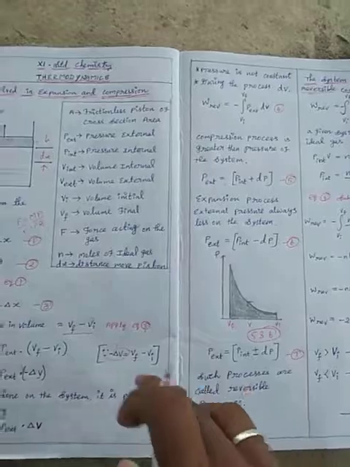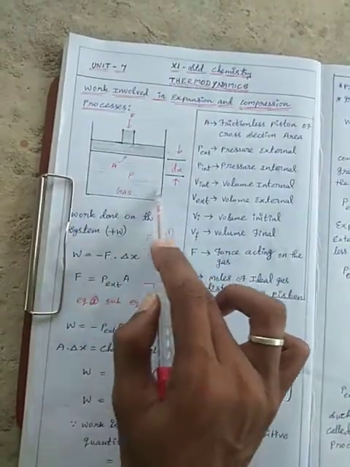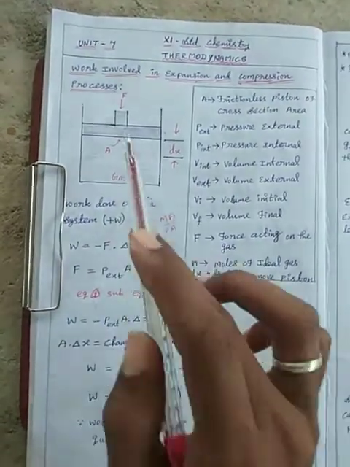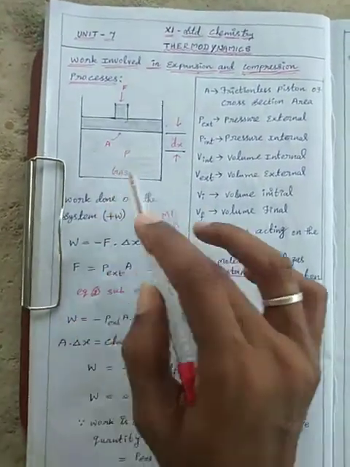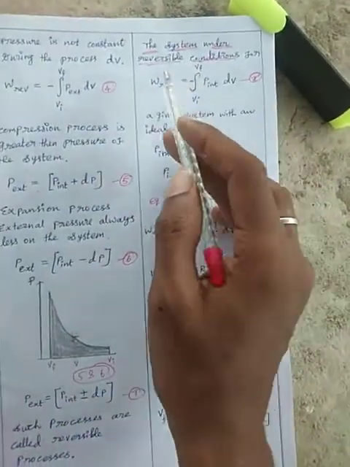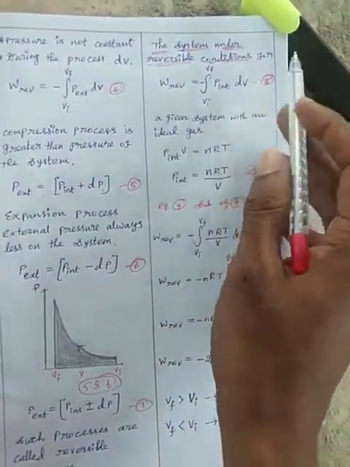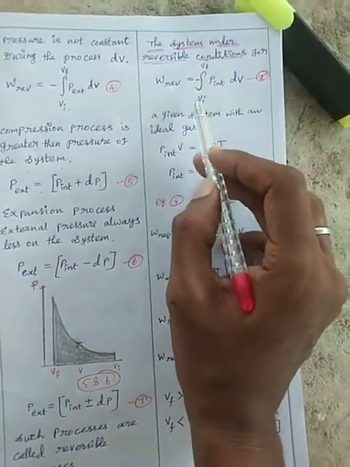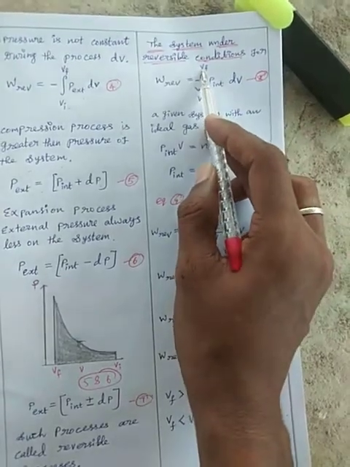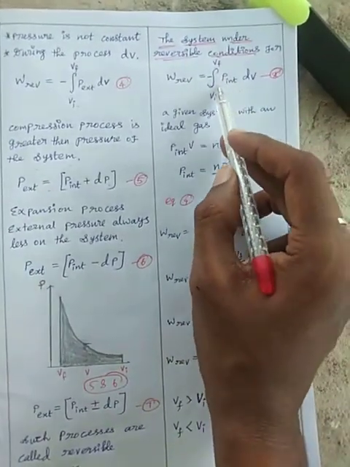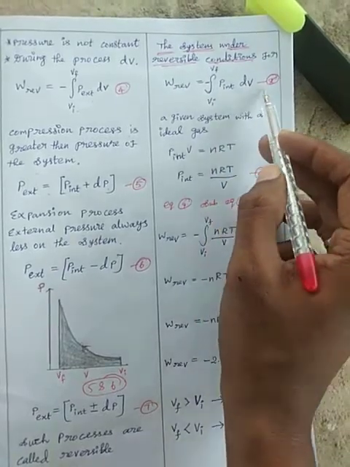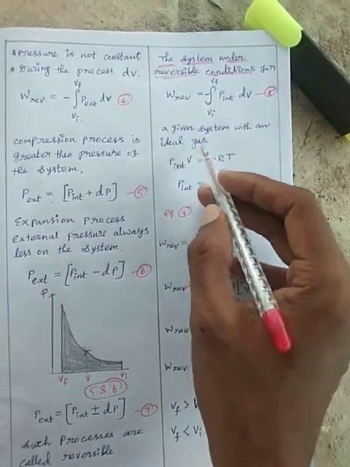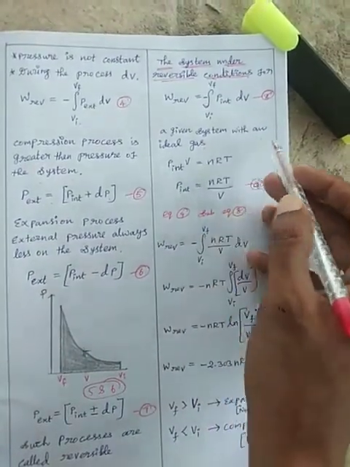Next, we discuss the functions inside the gas involved in expansion and compression. The gas inside obeys the ideal gas equation. First, for the system under reversible conditions, the work reversible equals minus the integral from volume initial (lower limit) to volume final (upper limit) of P internal dV. The given system's internal gas obeys the ideal gas equation, PV equals nRT.